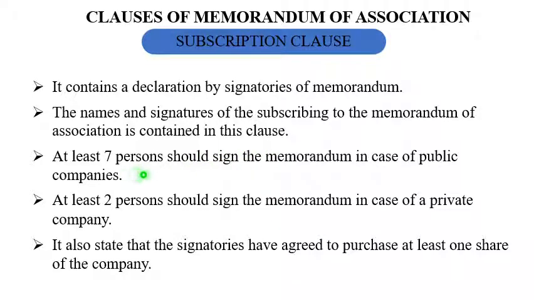At least 7 members are needed in case of a public company and at least 2 members in case of a private company. It also states that the signatories have agreed to purchase at least 1 share of the company. This is compulsory at the time of registration of the company; the memorandum has to be signed and authenticated. So all 7 members in case of a public company and 2 members in case of a private company must purchase 1 share of the company.